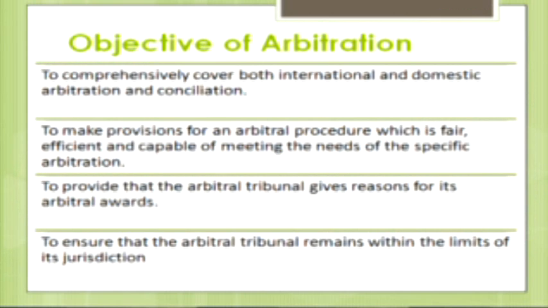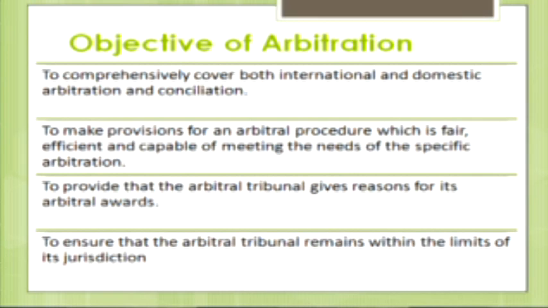What are the major objectives of arbitration? The very first is to comprehensively cover both international and domestic arbitration and conciliation, covering all the factors of arbitration and conciliation, and to give the right provisions so that a person may have a sense of fair, efficient and capable judgments.